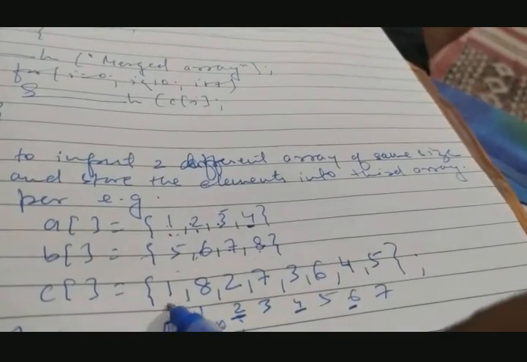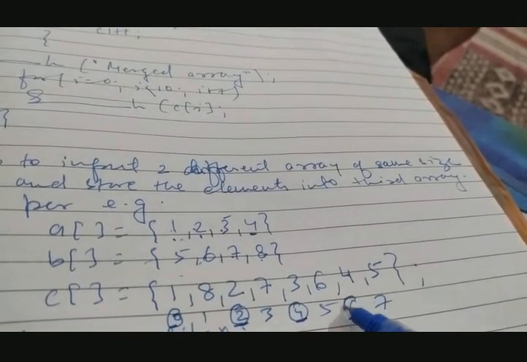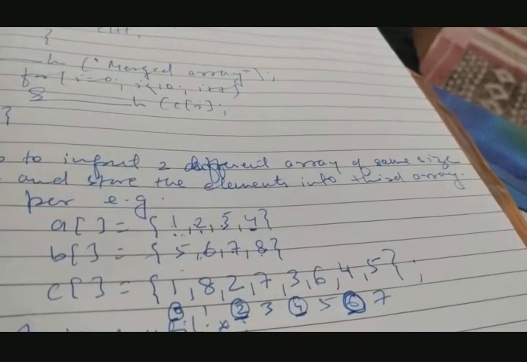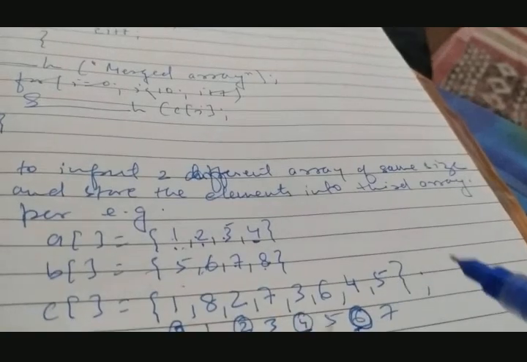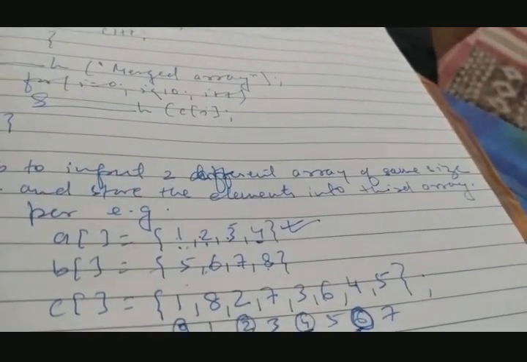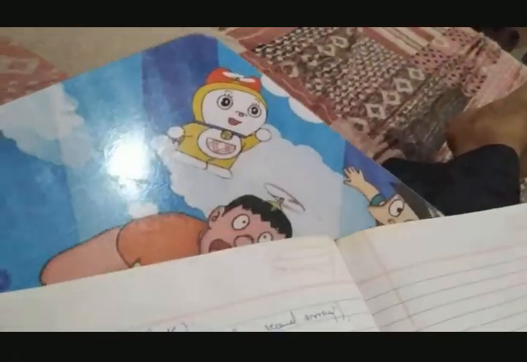So all the even indexes starting with 0 contain the element of first array. तो हम कैसे लूप चलाएंगे?